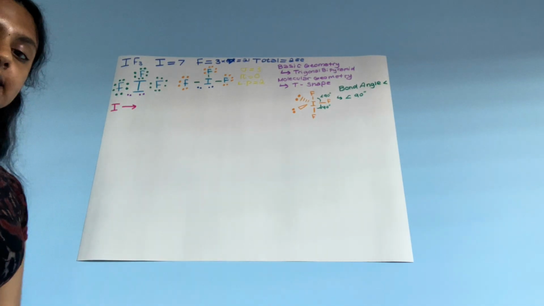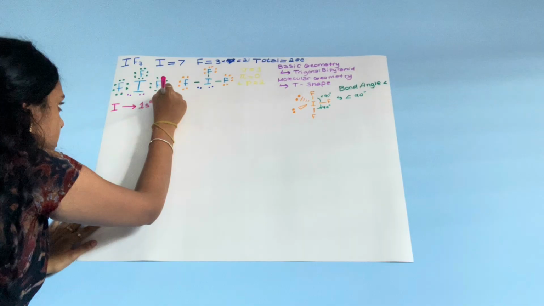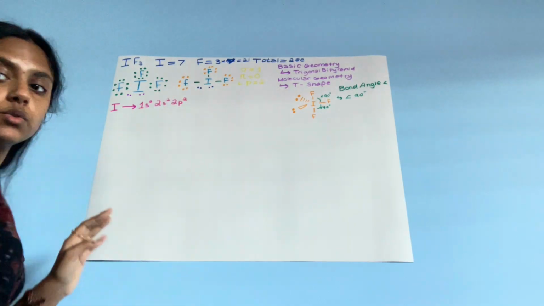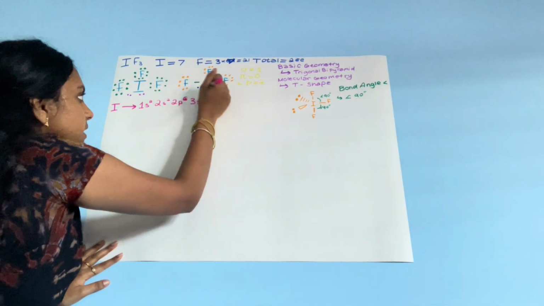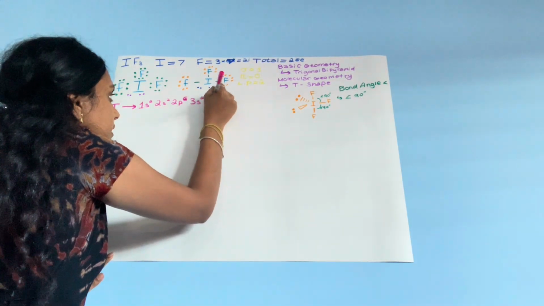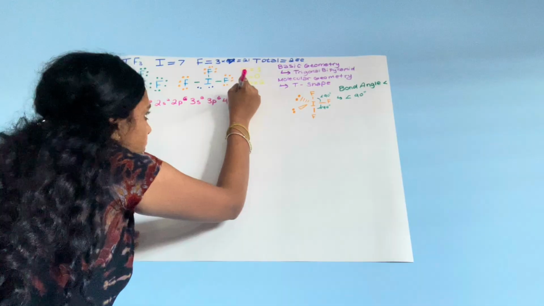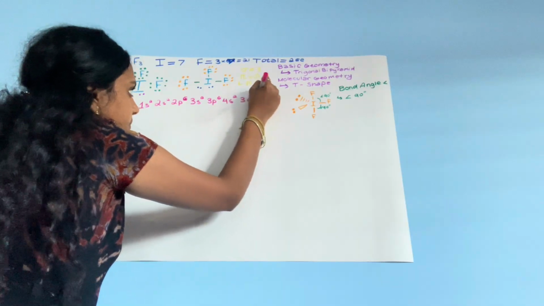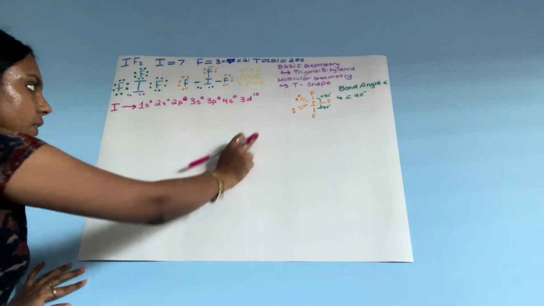So we have 1s2, 2s2, 2p6, 3s2, 3p6, 4s2, 3d10, 4p6. I'm just going to continue at the bottom because I don't have enough space.